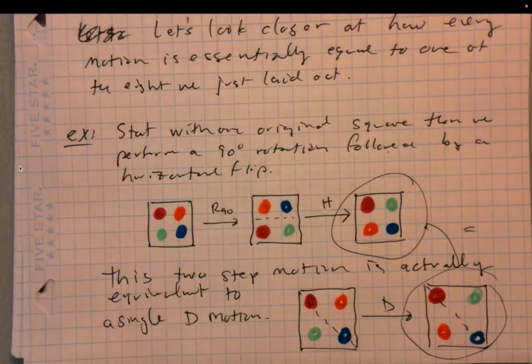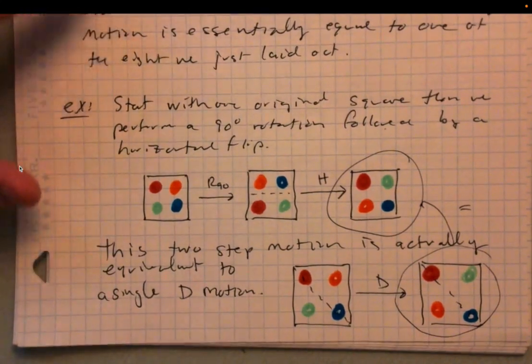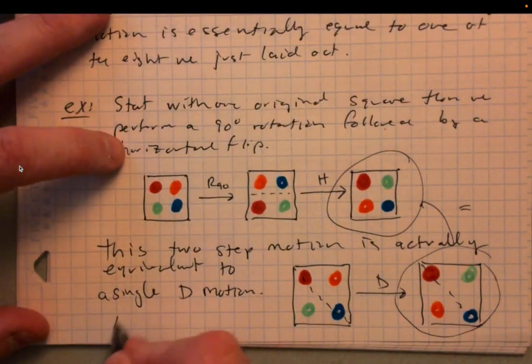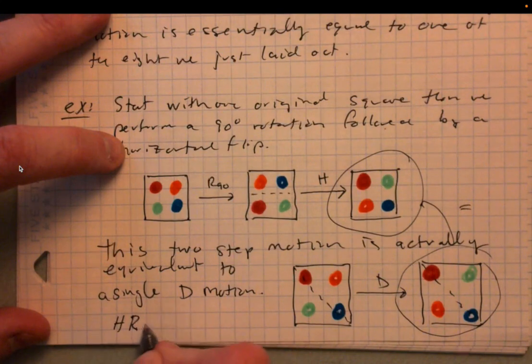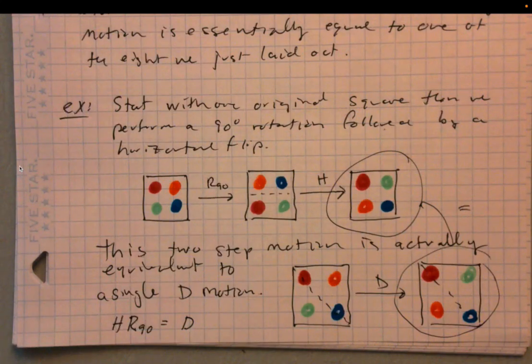Okay, so given what we've just seen here, we can say that H followed by an R90 is equal to a D. Okay, so H composed with an R90 is equal to a D, right?